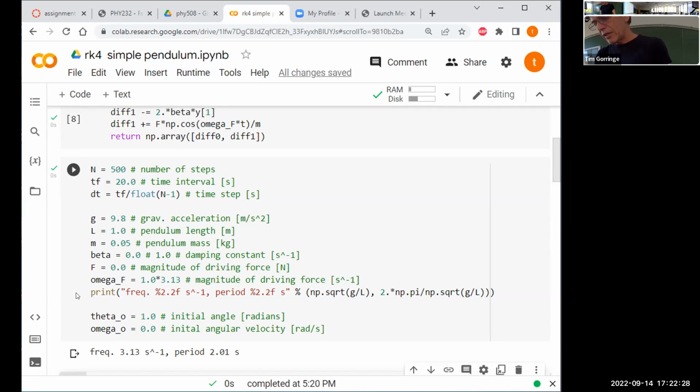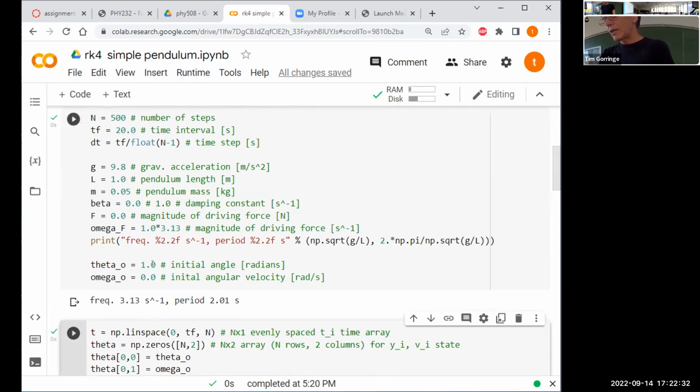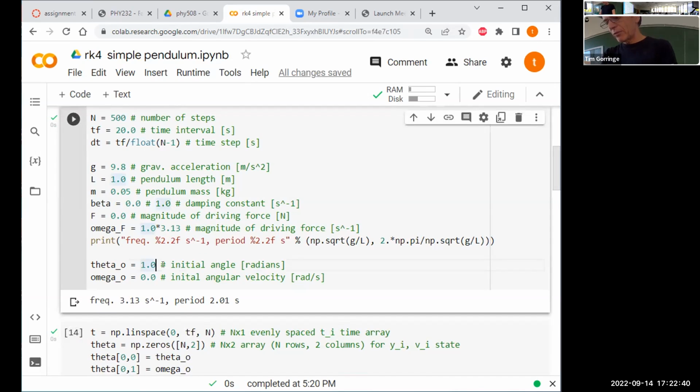Let's switch on the damping force. I'll go back to small oscillations so we don't have to worry about that. And I'm going to switch on beta.